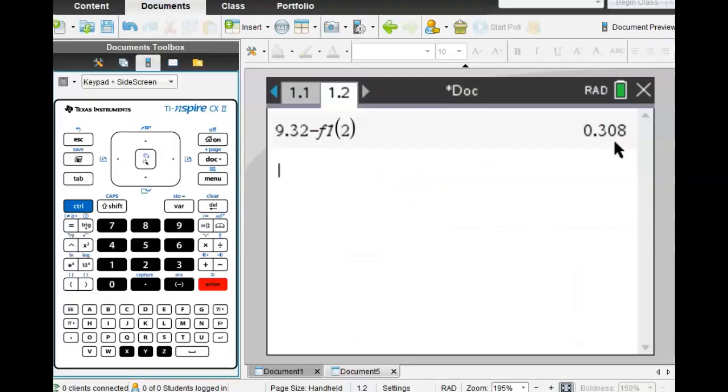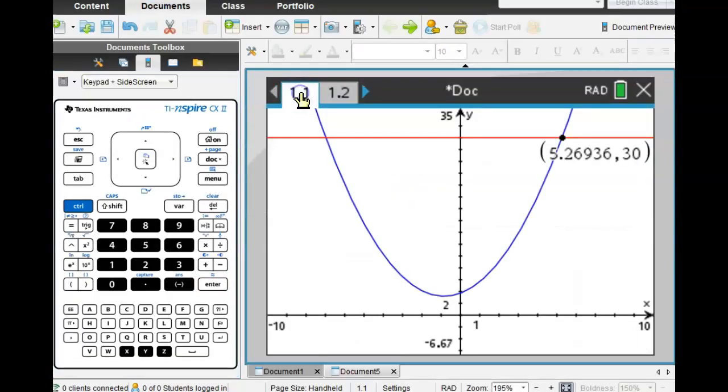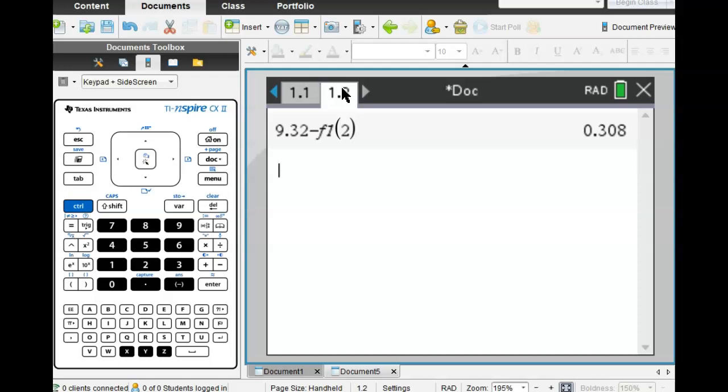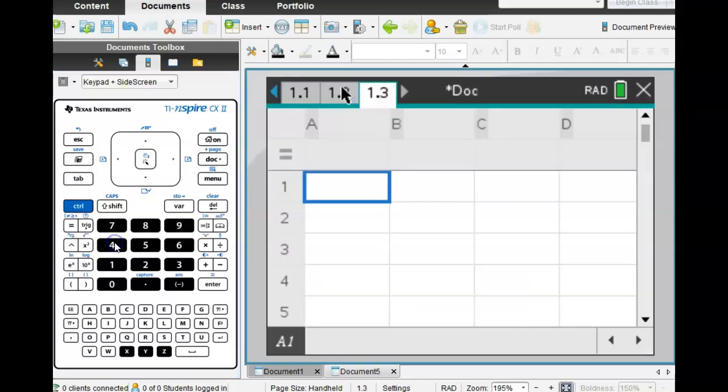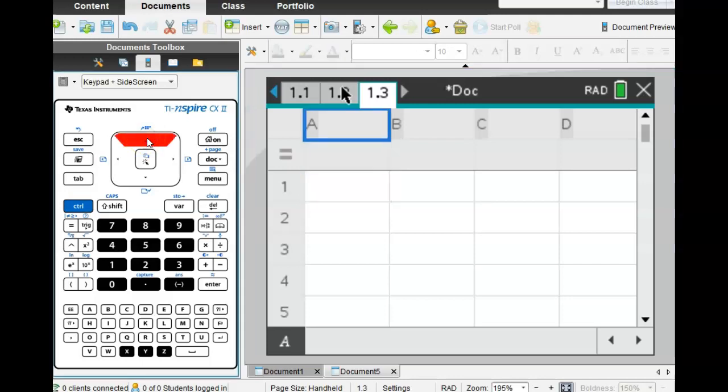So once we go here, all right, so I have this and I have this. I can do my little chart now. I don't necessarily have to start over brand new. I can just add a document, and I'm going to add my lists and spreadsheet. And let's see, let's type this in.